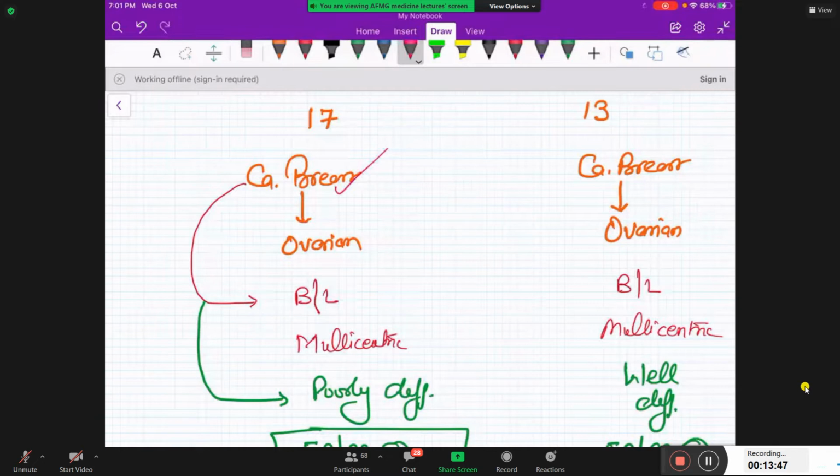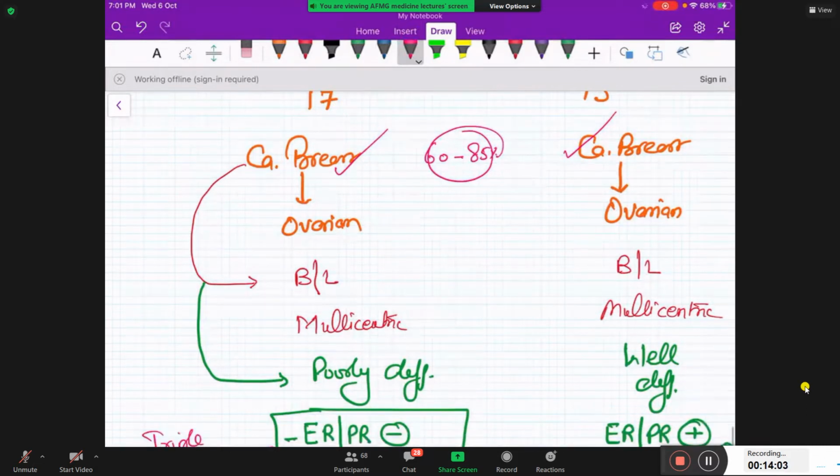Now, anyone who has a BRCA1 or BRCA2 gene mutation, very important discussion, will develop carcinoma breast at a percentage of 60 to 85%. So there are great chances of that individual developing carcinoma breast.